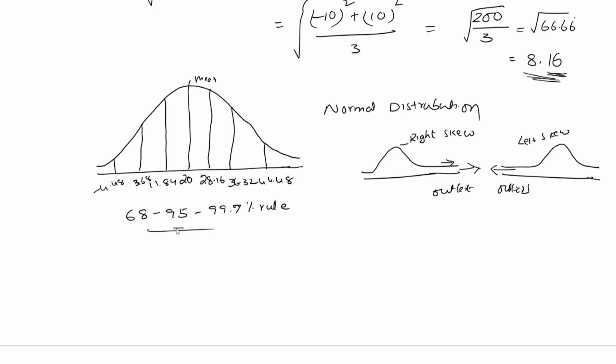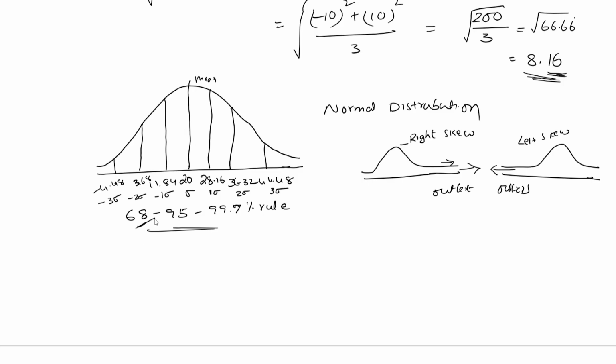So how does this rule apply to this distribution? This is the standard deviation. Let's write those labels. This is one standard deviation, this is two standard deviations, this is 3 standard deviations. Similarly, this is -1, -2, and -3 standard deviations.